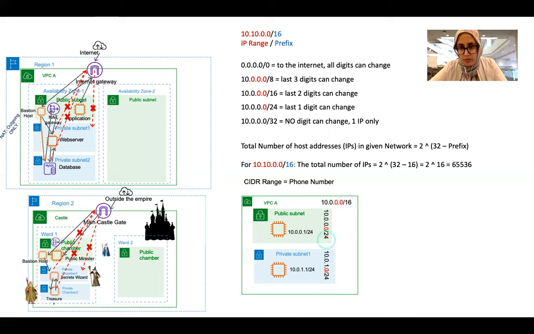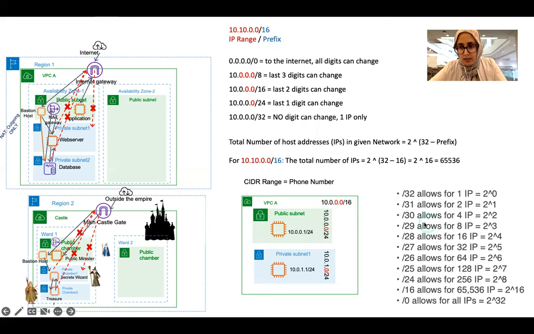For example, if instead of 32 we put 24, that is a smaller number, so 2 raised to a smaller power means the IP range will be much smaller. So /16 is a wider range, and a /24 is more specific, hence a smaller range.